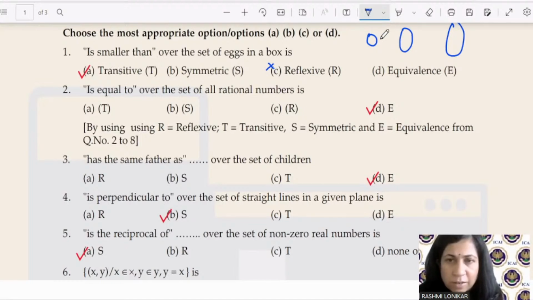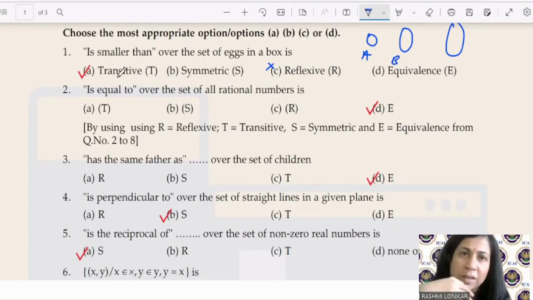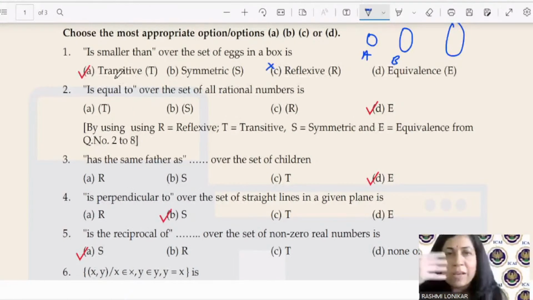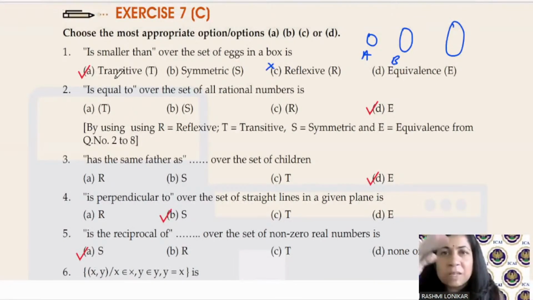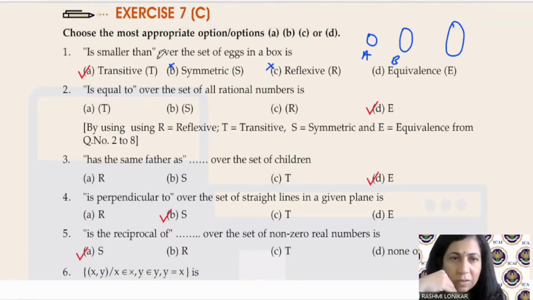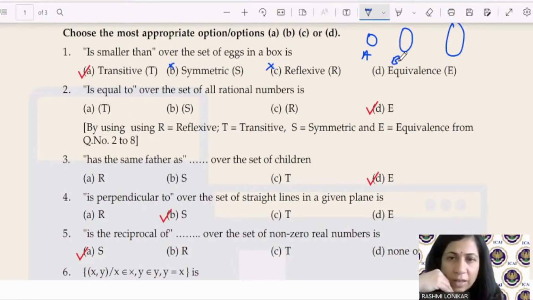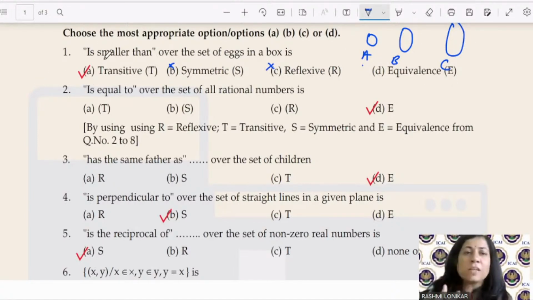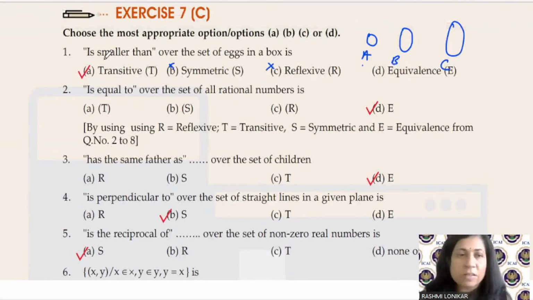If I'm saying A is smaller than B, does it mean B is smaller than A? No. If A is smaller than B, B is bigger than A. Obviously, so it's not symmetric. So is it transitive? A is smaller than B, B is smaller than C, then automatically A will be smaller than C. So this is transitive. So 'is smaller than', this relation is a transitive relation.